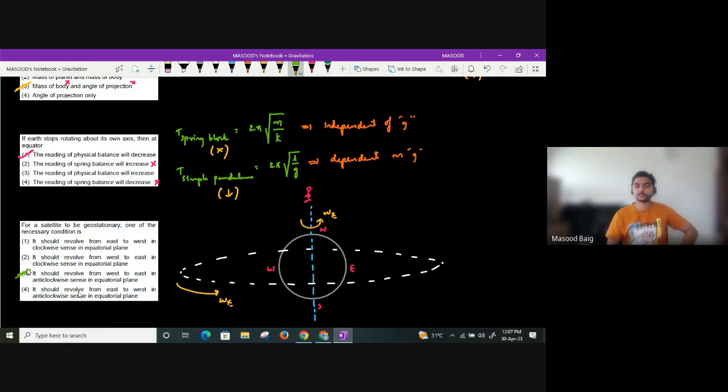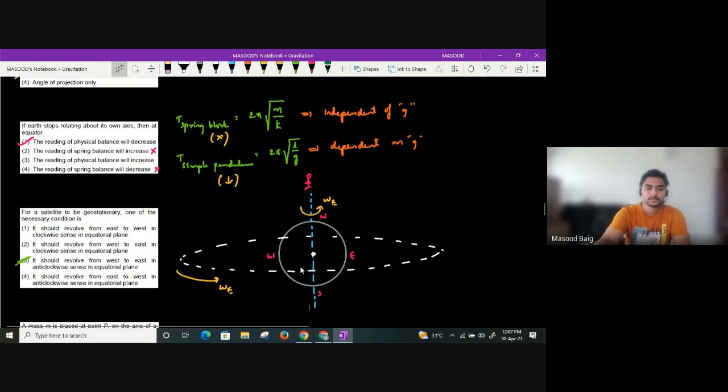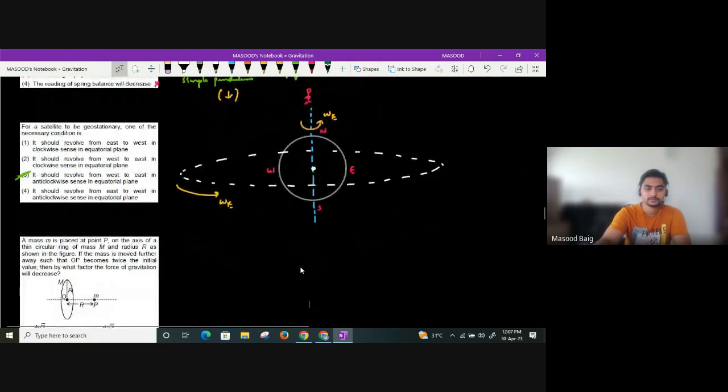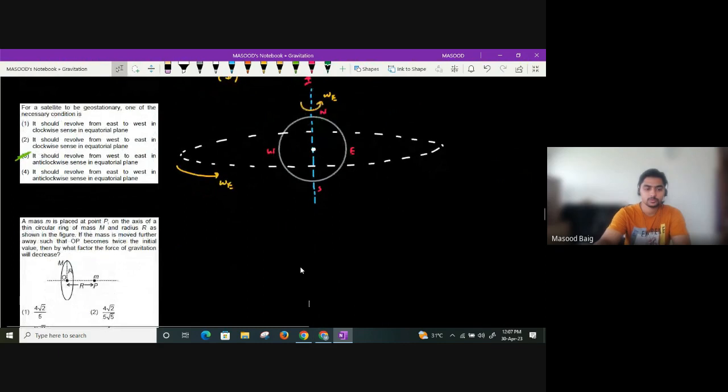That is the basic logic: the angular speed of the geostationary satellite equals the angular speed of the Earth with respect to the center of the Earth. Understood, everyone?